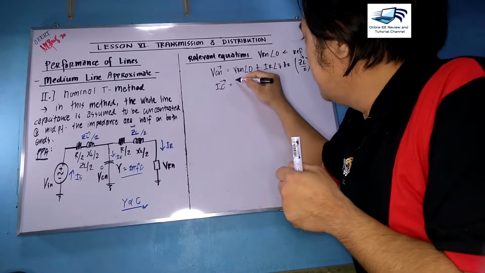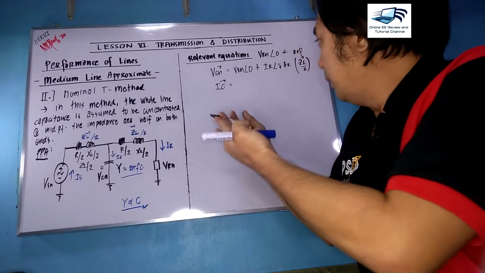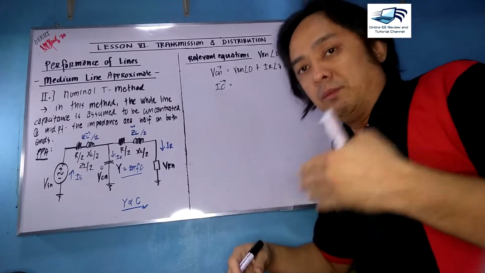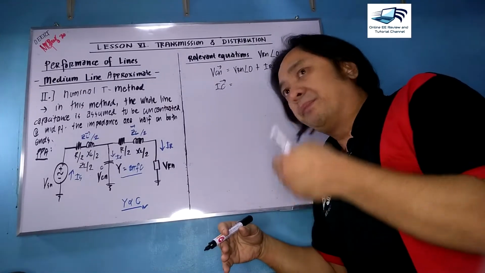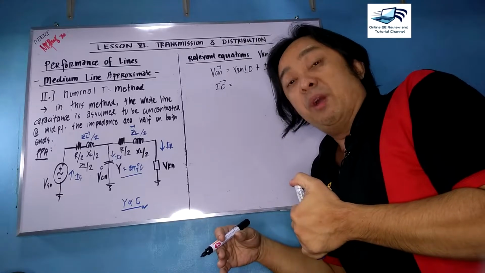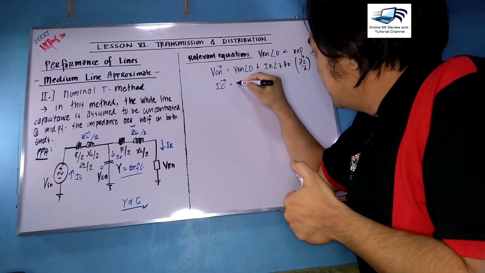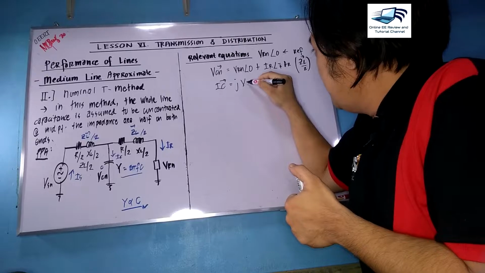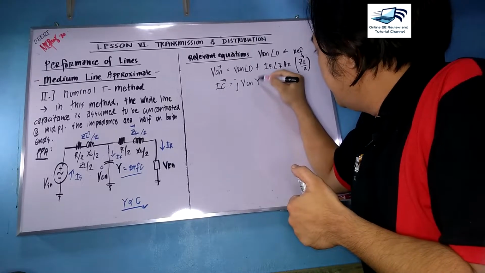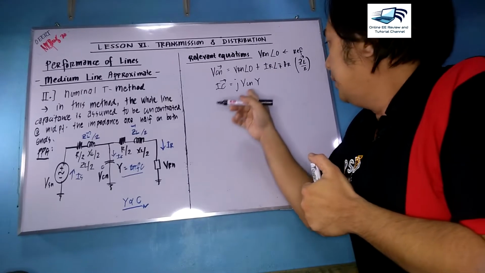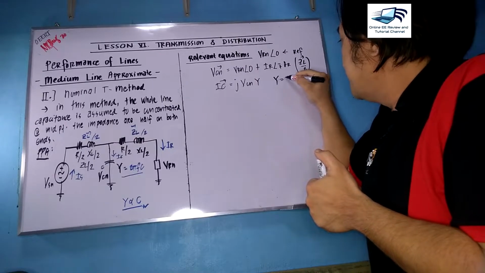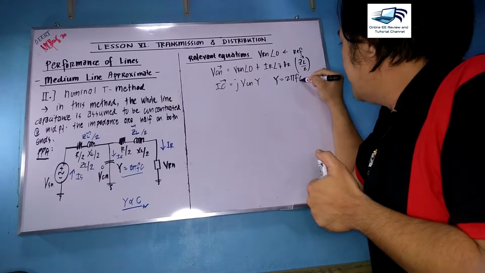Okay, now if you already get VCN, in this case you can now get IC. Your IC here is definitely from the equation of your charging current, which is from power factor correction, is j times VCN multiplied by the admittance Y, wherein your Y is definitely 2 pi FC.